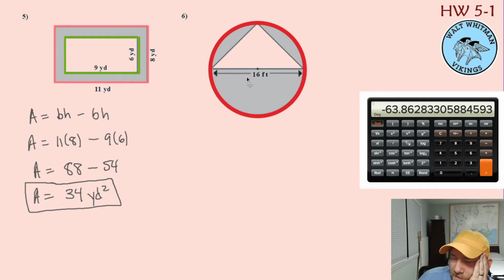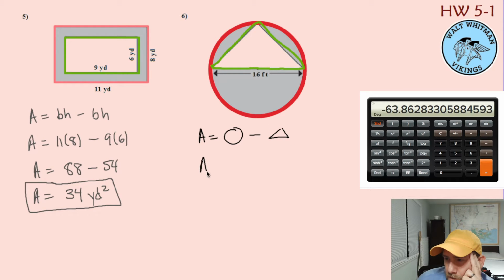And then if you want to get these three shaded areas, then after finding all the area of that entire red circle, you'll take away the area of this green triangle. And then the only thing left would be those three shaded areas. So that's the approach. We're going to definitely do area equals whole entire circle minus triangle, which means we're going to be doing pi r squared minus 1/2 times base times height.